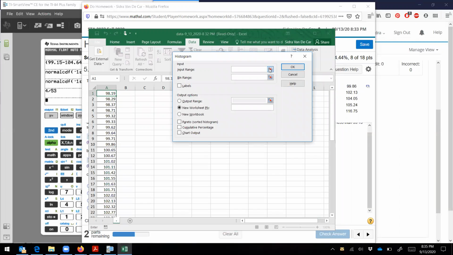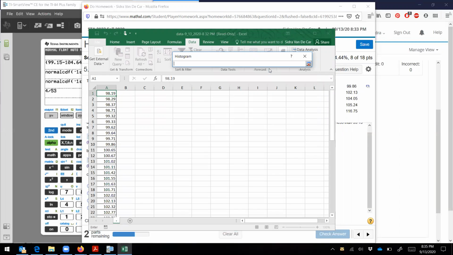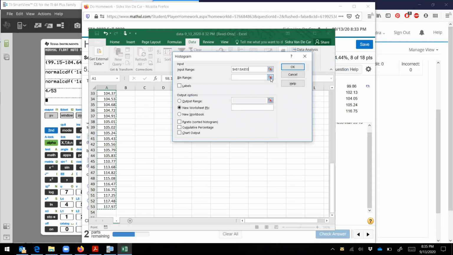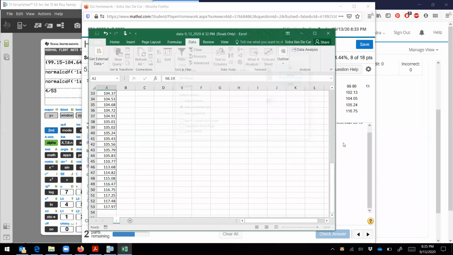So my input range would be right here. I didn't make my bins. So let's cancel this really quickly and let me make the bins. So we'll go 98 up to, let's see, we're going from 98 to 117.